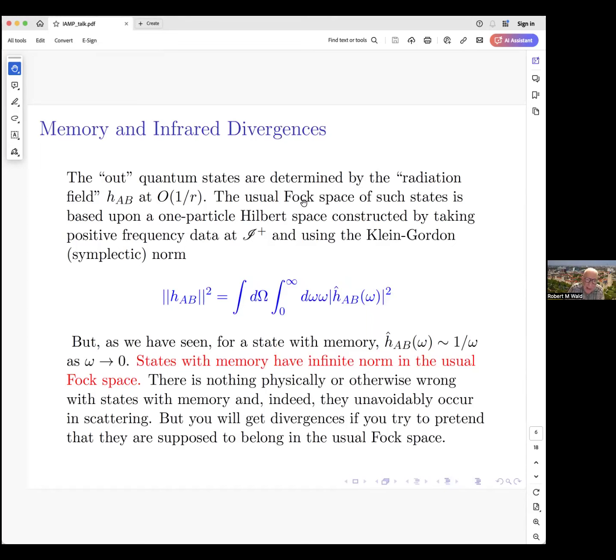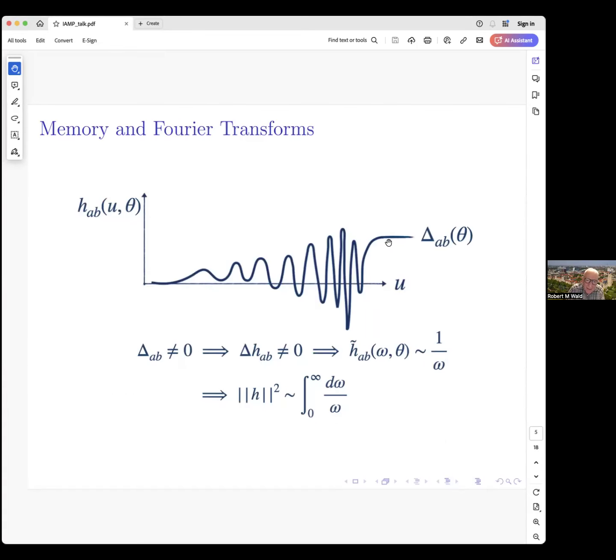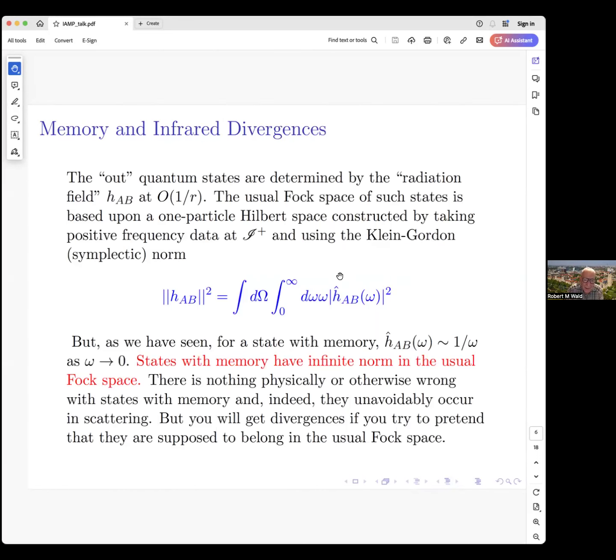Well, if we're, say, looking for a one particle state corresponding to the positive frequency part of some classical solution that looks like this, that is going to have a 1 over omega divergence in its Fourier transform. Its Klein-Gordon norm that would be used in the one particle Hilbert space, you can easily see, is going to have a logarithmic divergence at low frequencies.